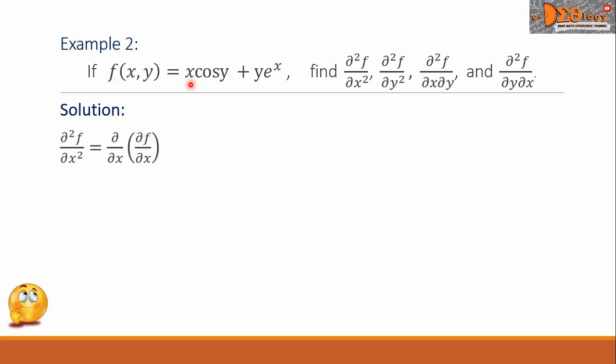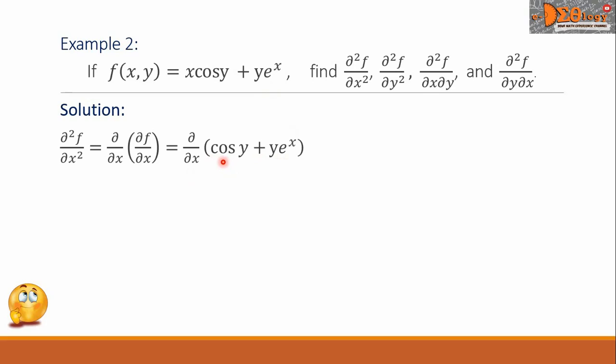So derivative of x cosine y with respect to x is cosine y plus derivative of y times e raised to x is simply y times e raised to x. Next step, we're going to take the partial derivative of this function with respect to x.